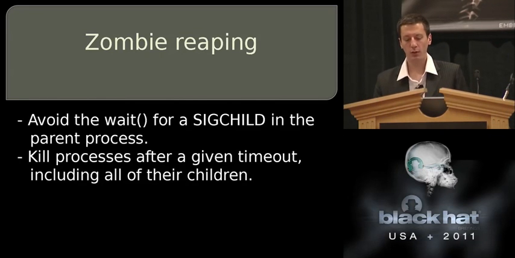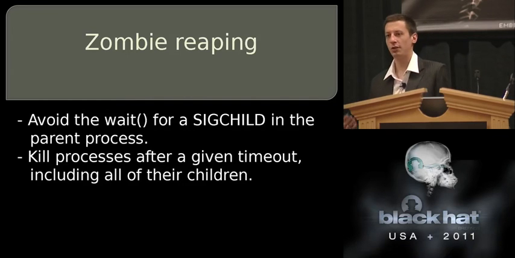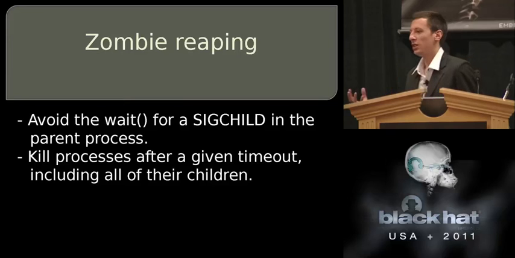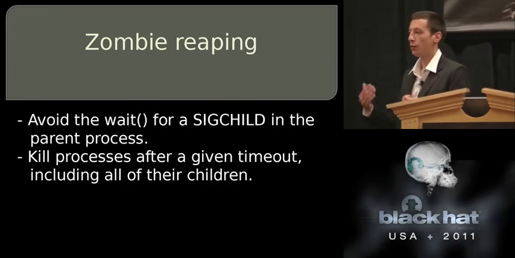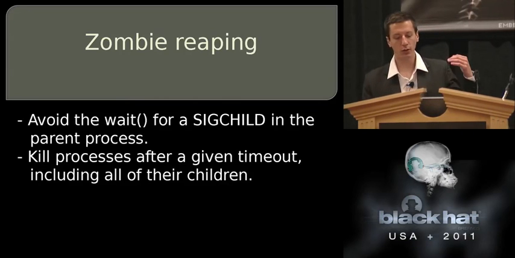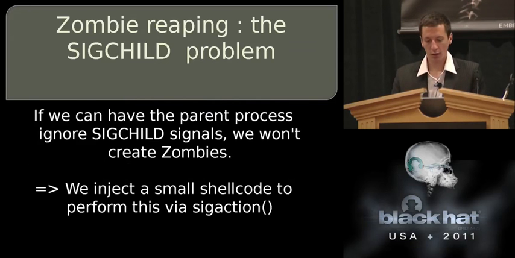If we inject a small shellcode inside the parent, which tells it to basically ignore SIGCHLD, we won't have this problem of creating zillions of zombies, right? They will just not emit SIGCHLD at all. The offsprings may still create processes we are unaware of. So to take care of that, we're going to kill all the newly created offsprings and all their own children.